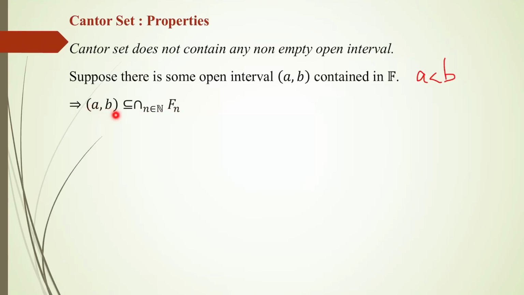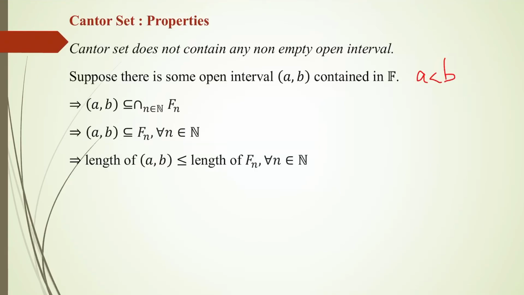So if (A, B) is a subset of the intersection of Fn, (A, B) should be a subset of each Fn. So we have the open interval (A, B) is a subset of Fn for all n, element of natural numbers. Then the length of (A, B) must be less than or equal to the length of Fn.